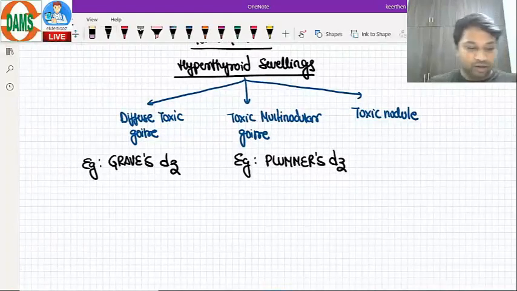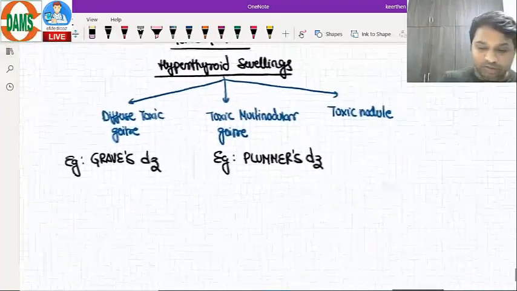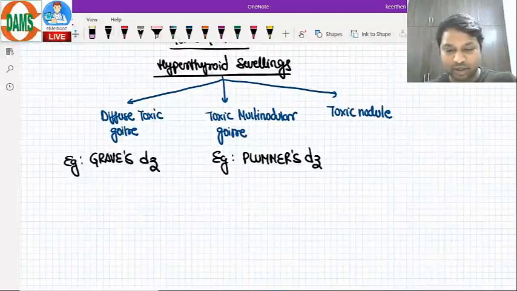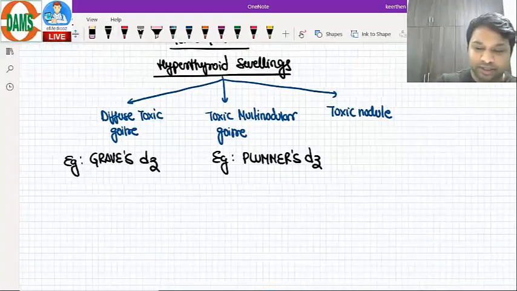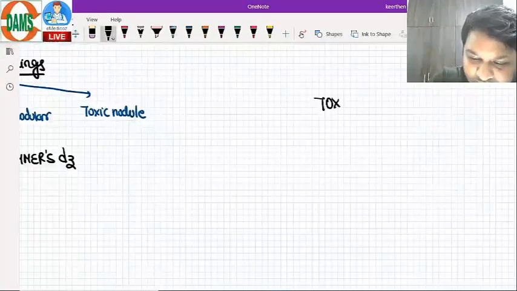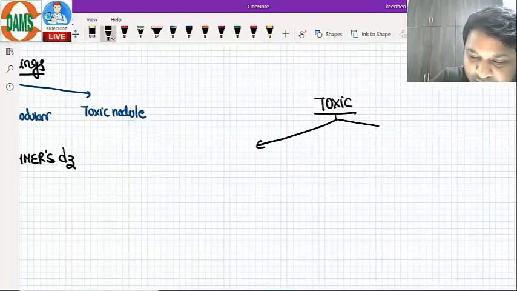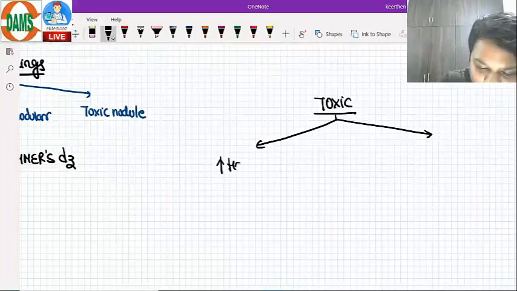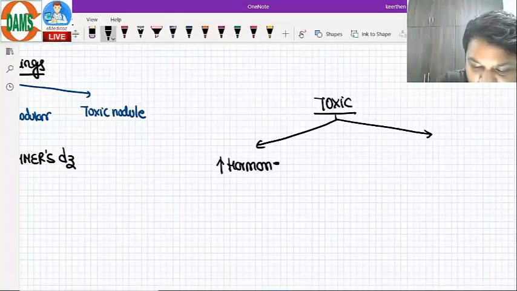Now, before we start talking about all these swellings, that is diffuse toxic goiter, toxic multinodular, and toxic nodules, the toxicity is because of two things. When I say toxic, that means increase in hormone production, and it is because of two reasons.